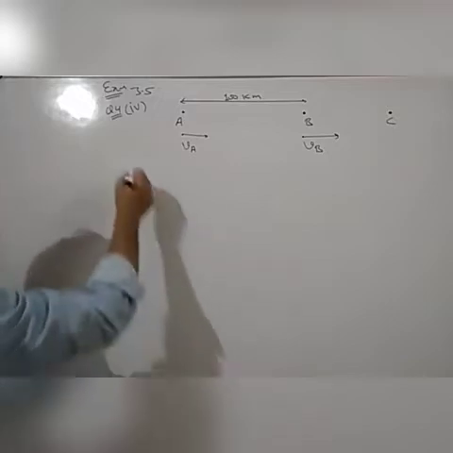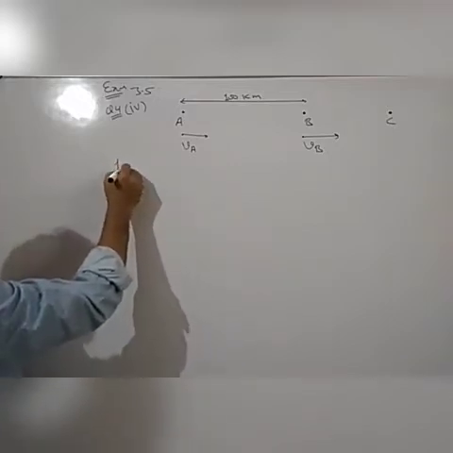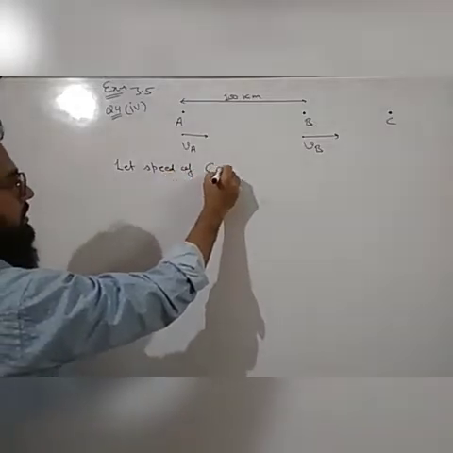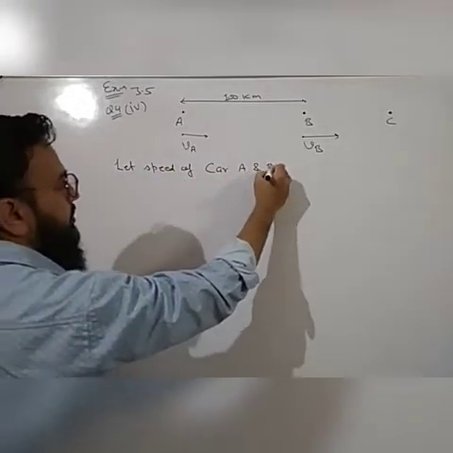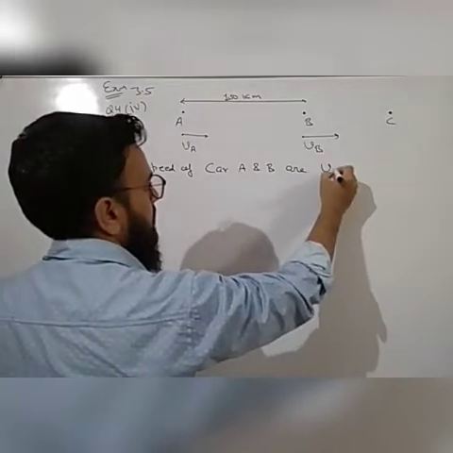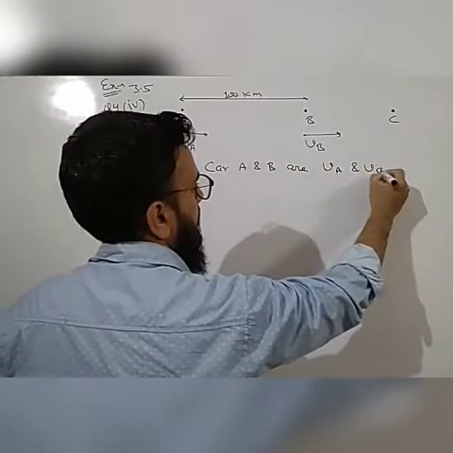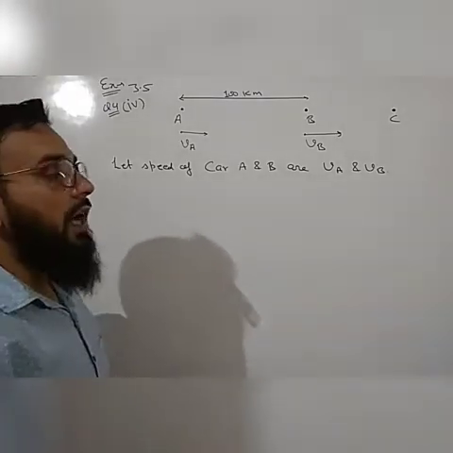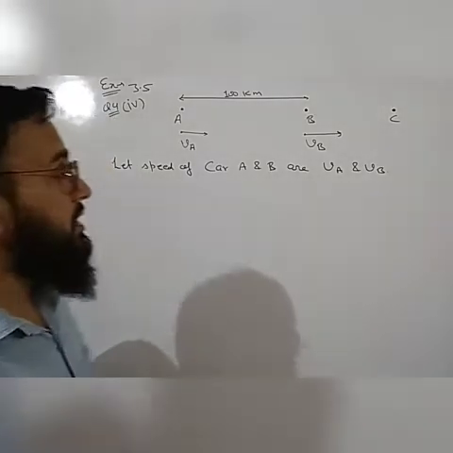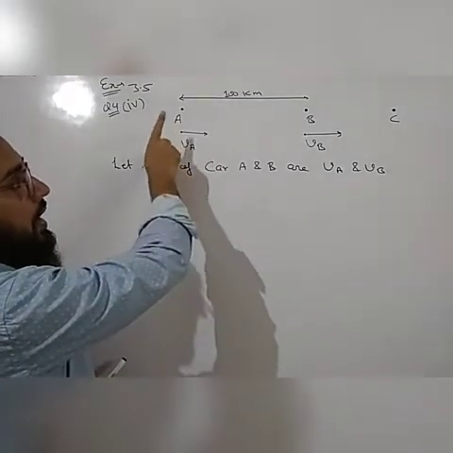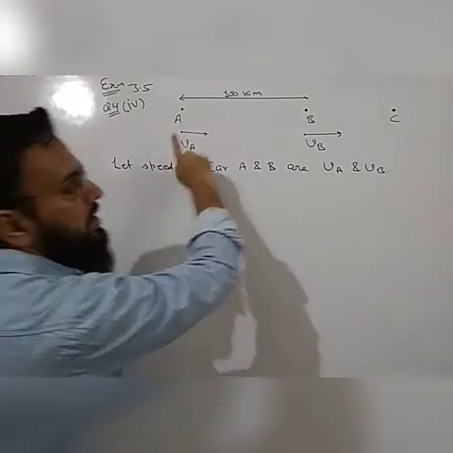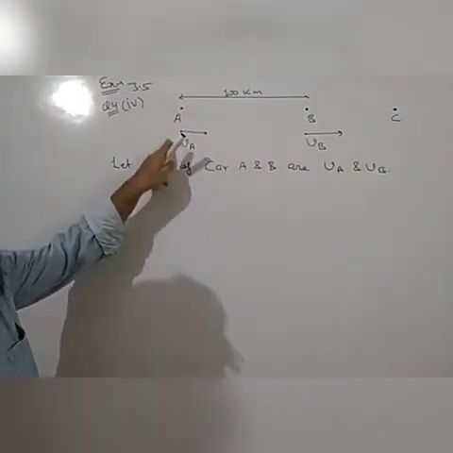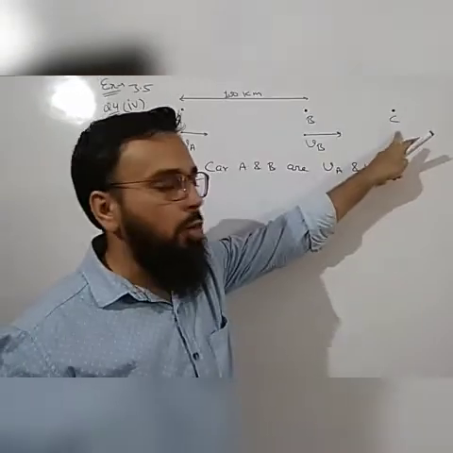So first we have considered the speeds of cars A and B to be VA and VB respectively, and both of them will meet after 5 hours. How much time is car A taking to reach point C?